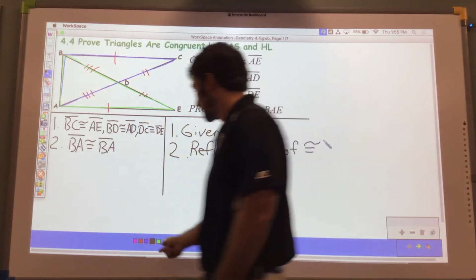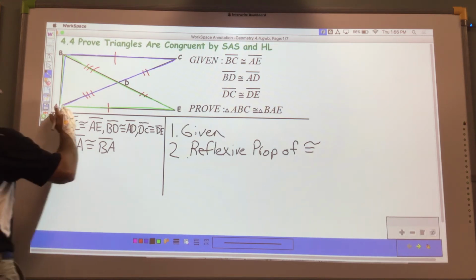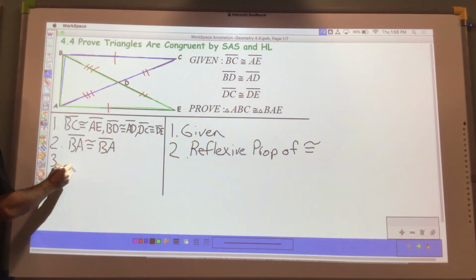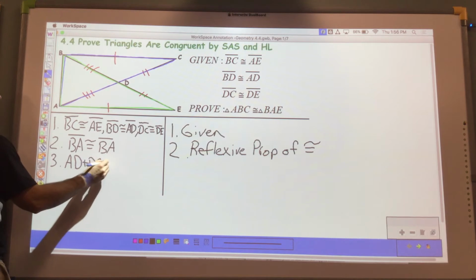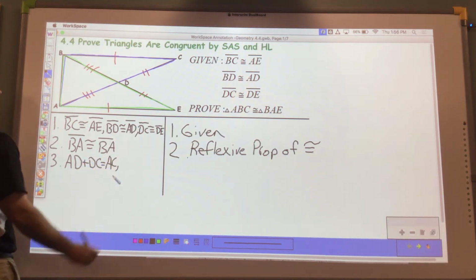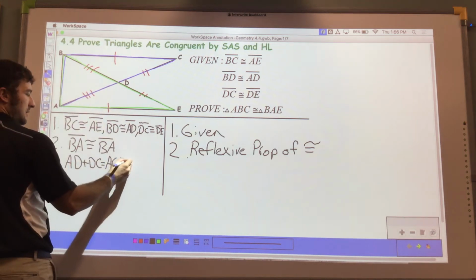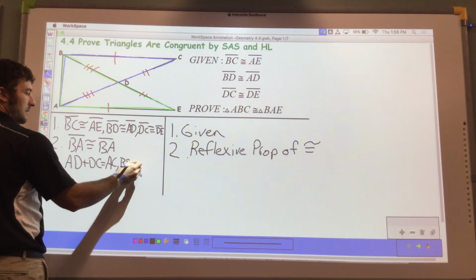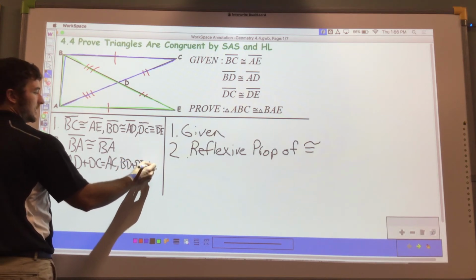What we're going to have to use is segment addition, because that'll allow us to write an equation that has AC in it, for example, because we can say AD plus DC equals AC. And we can say the same thing here. BD plus DE equals BE.